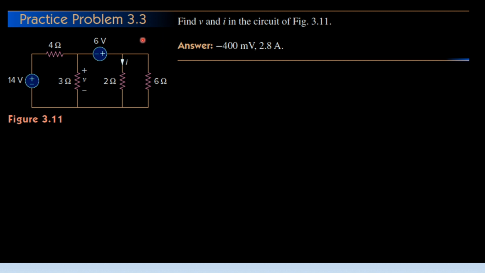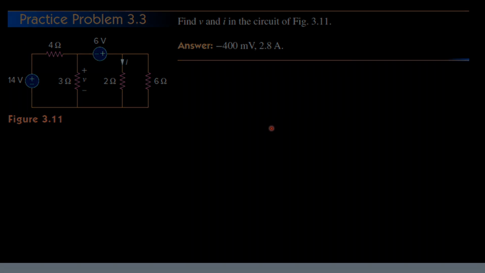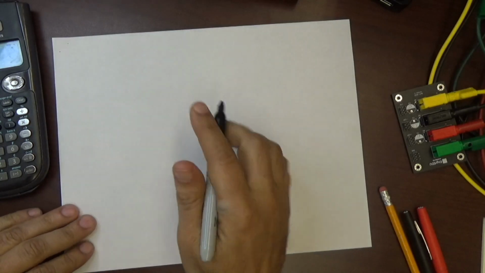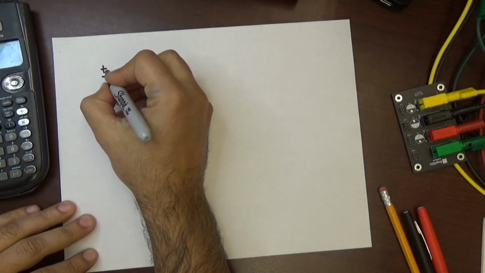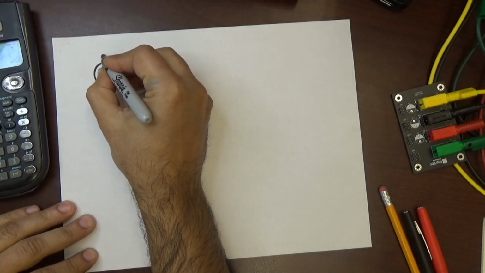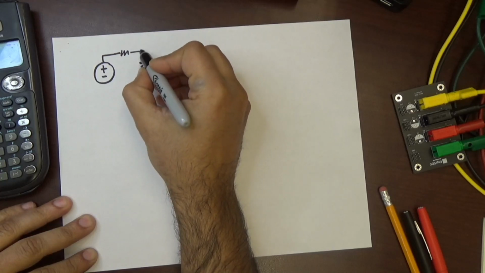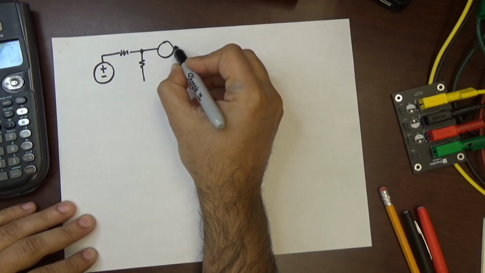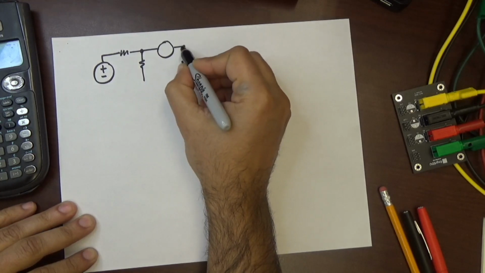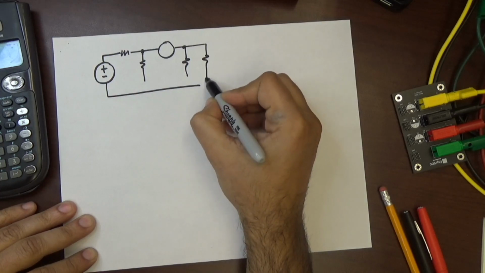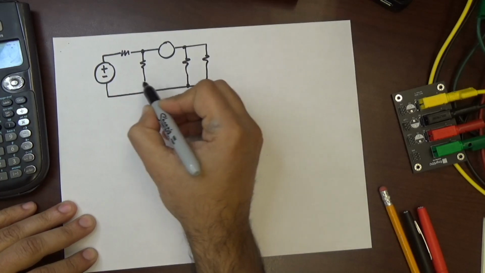And we'll start with this problem 3.3. And let's tackle it and see how we solve it. As usual, let's go and redraw our circuit. And I do this a lot, again, so I can add things if I need, or redesign the circuit in a way that I'm familiar with, if there are resistors in parallel or series or components that I cannot see what's going on.